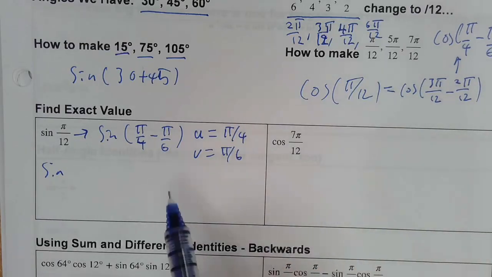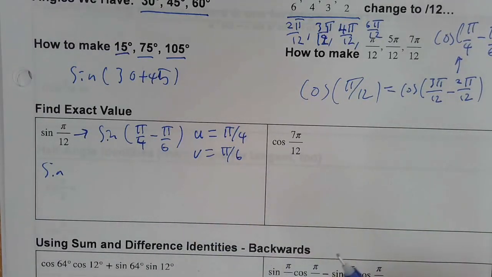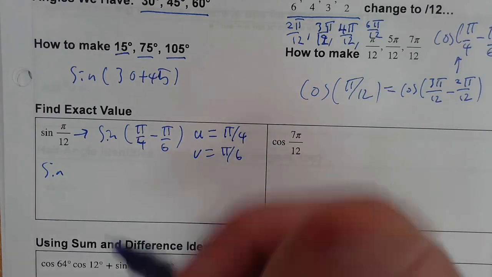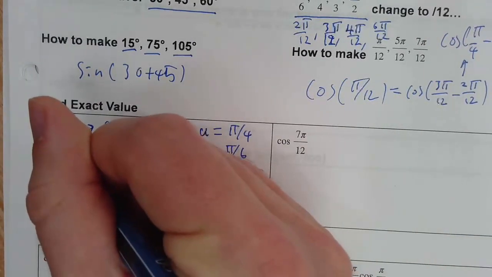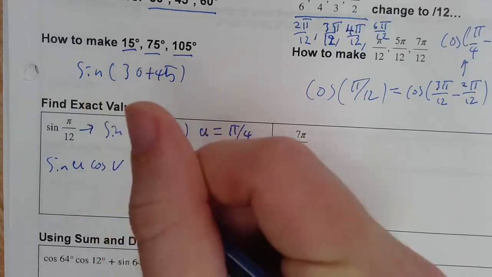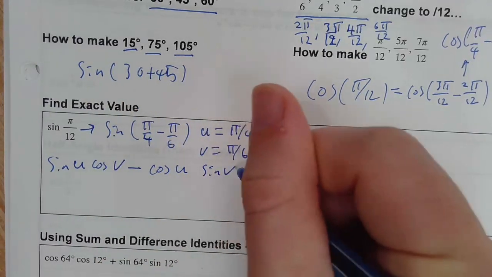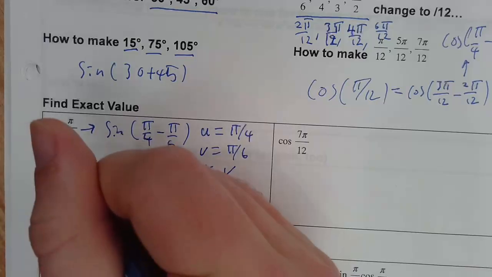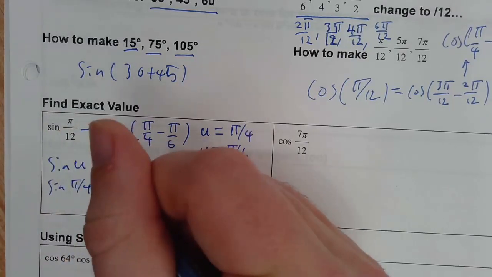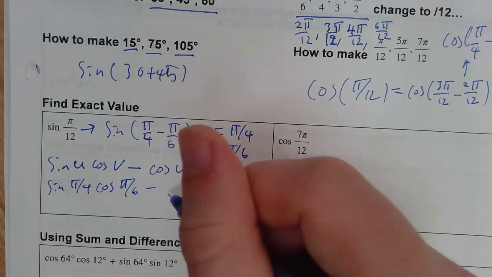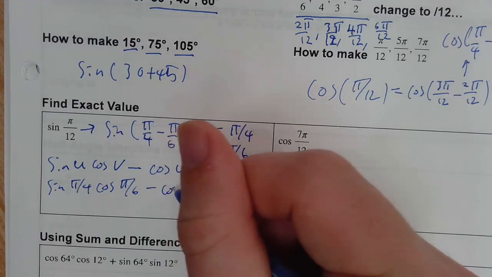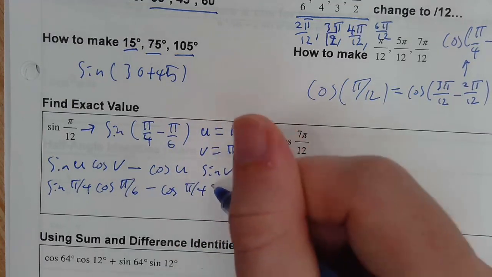Well, we did subtraction, so it's sine u cosine v minus cosine u sine v. So sine u, that'd be sine pi over 4 cosine pi over 6 minus cosine pi over 4 sine pi over 6.